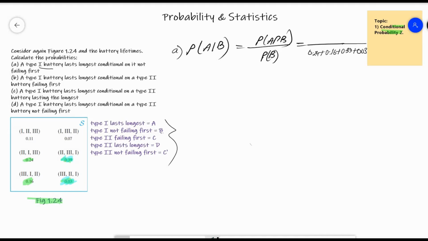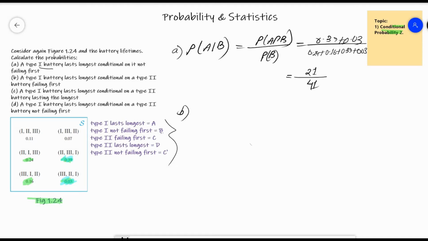So we'll add those two as numerator. 0.39 plus 0.03 is equal to 21 over 41 by doing some calculations. So in this way, by finding out the values, all the problems can be easily solved. So let me do it a bit faster.